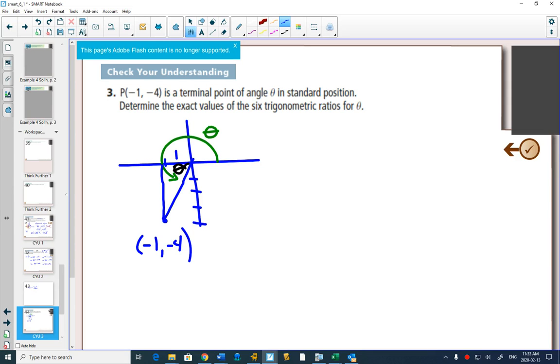Yes, we're going 1 to the left, but if we're actually thinking about the length of that, it's 1 unit. What about this one here? 4 units. What about the hypotenuse? Someone's saying square root of something.